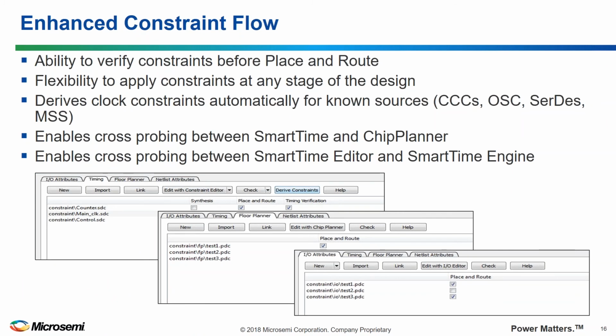Some other changes for PCIe simulation: we've updated the model to work correctly with the reset, the PERST signal for the ES silicon. And we also support the Mentor VOpt simulation, which reduces the simulation runtime.